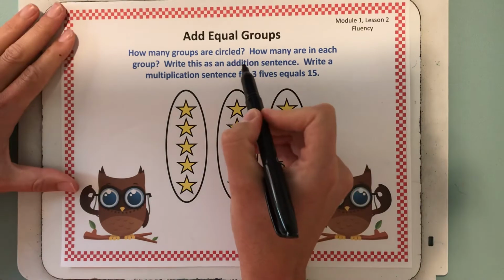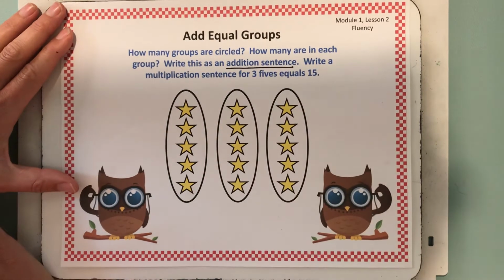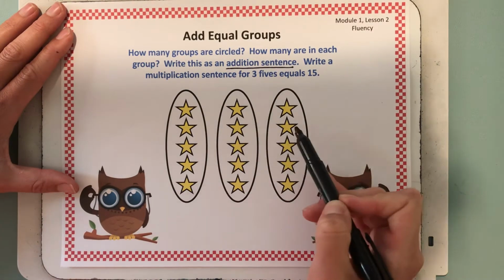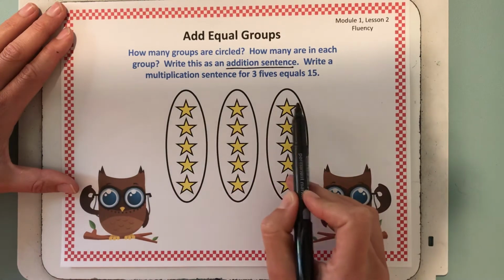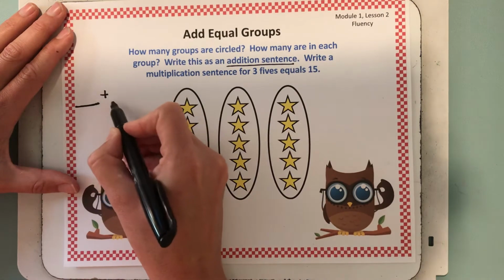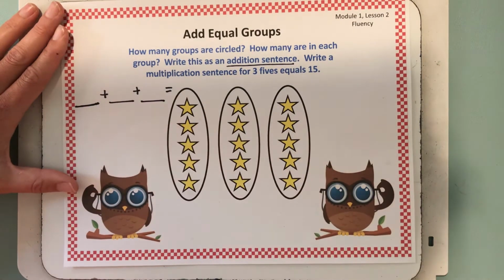So first, let's do this part. Let's write an addition sentence for this. And let's look at how many groups do we have. I see that I have 1, 2, 3 groups, right? So my repeated addition sentence is going to have 3 groups. Oh, I ran out of room. That's okay.